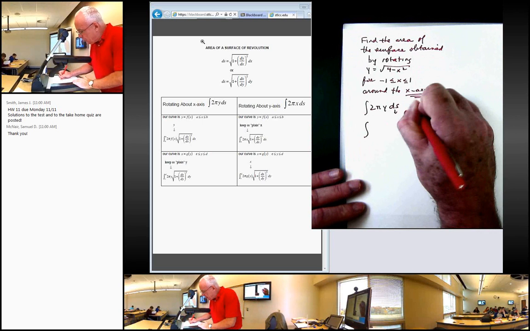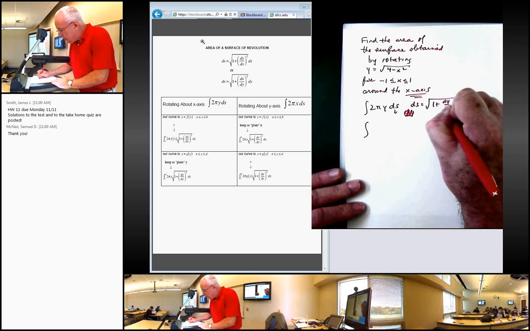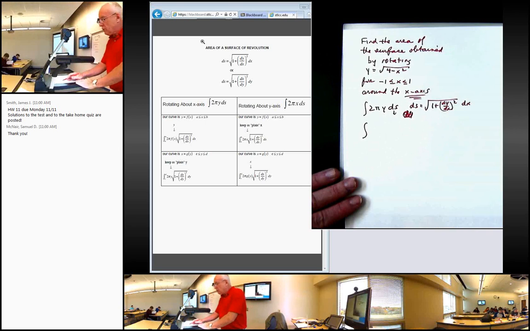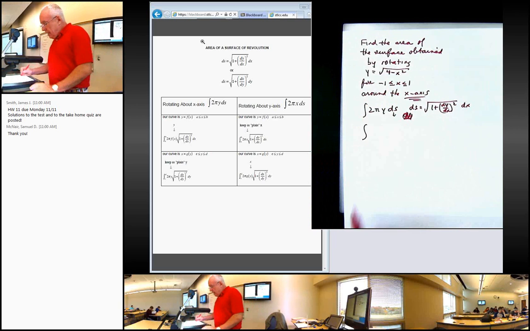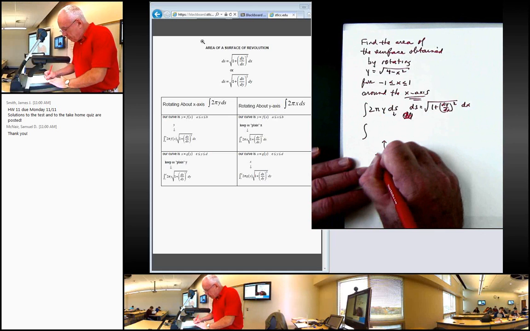Our ds will equal the square root of 1 plus (dy/dx) quantity squared, dx. And that's because our curve is y in terms of x. Now, we want to get everything in terms of x here.